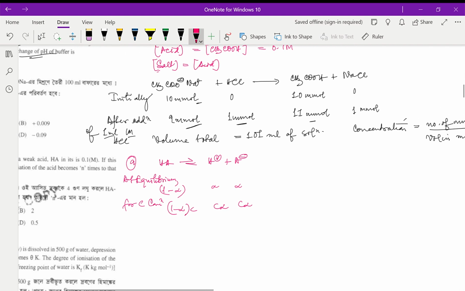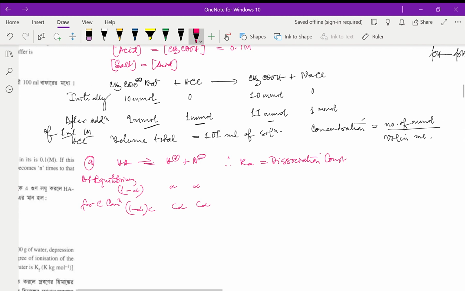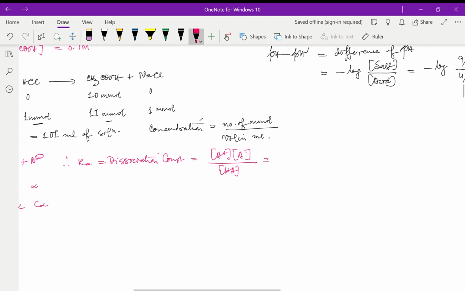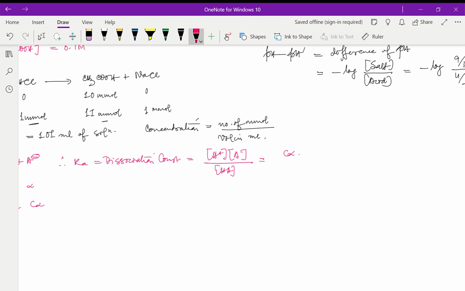Now next, Ka, which is the acid dissociation constant, is nothing but the H plus concentration times A minus over HA, and that we can say to be C alpha into C alpha by C into 1 minus alpha.